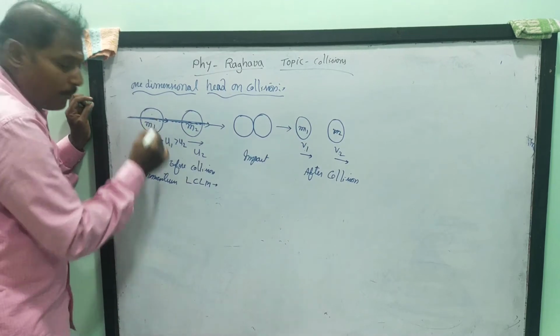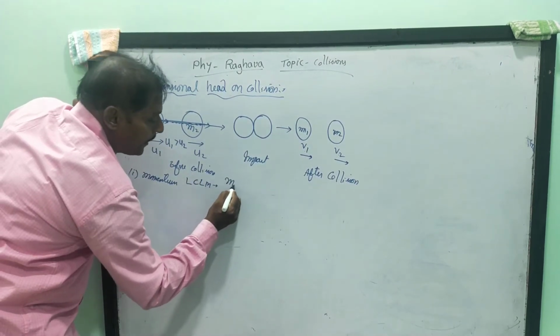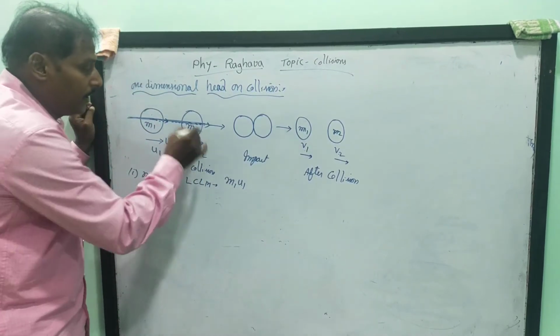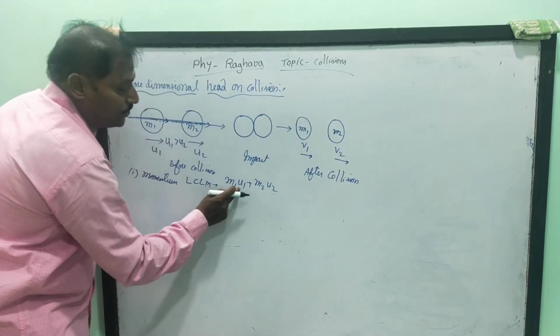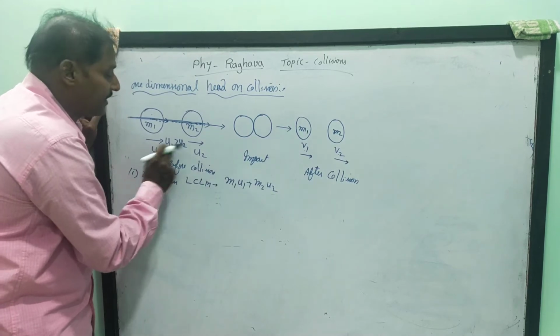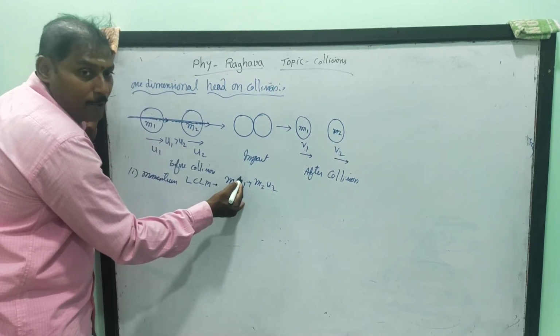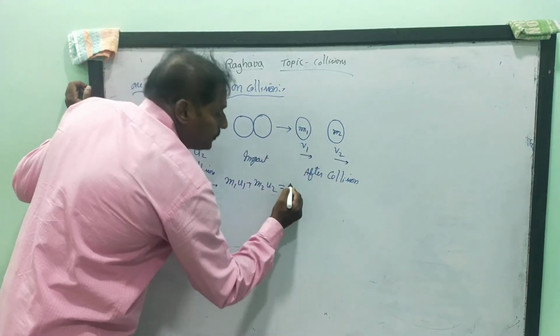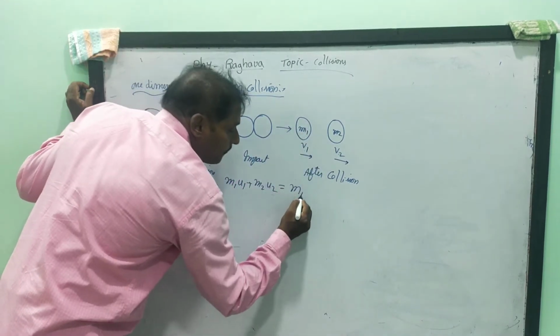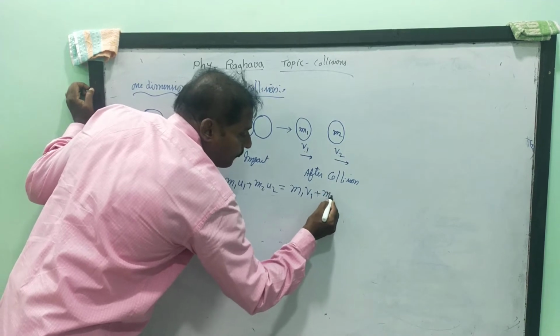The momentum of the first body is m1 u1, the second body is m2 u2. Momentum is mass times velocity. They are in the same direction, so we need not represent them by arrows. This is equal to the sum of the momentum of the bodies after collision.